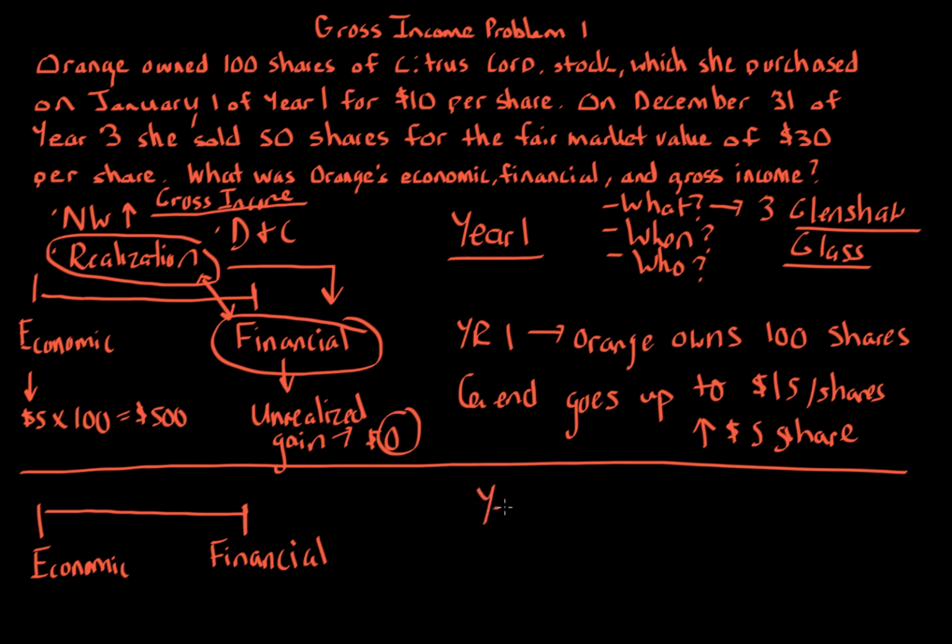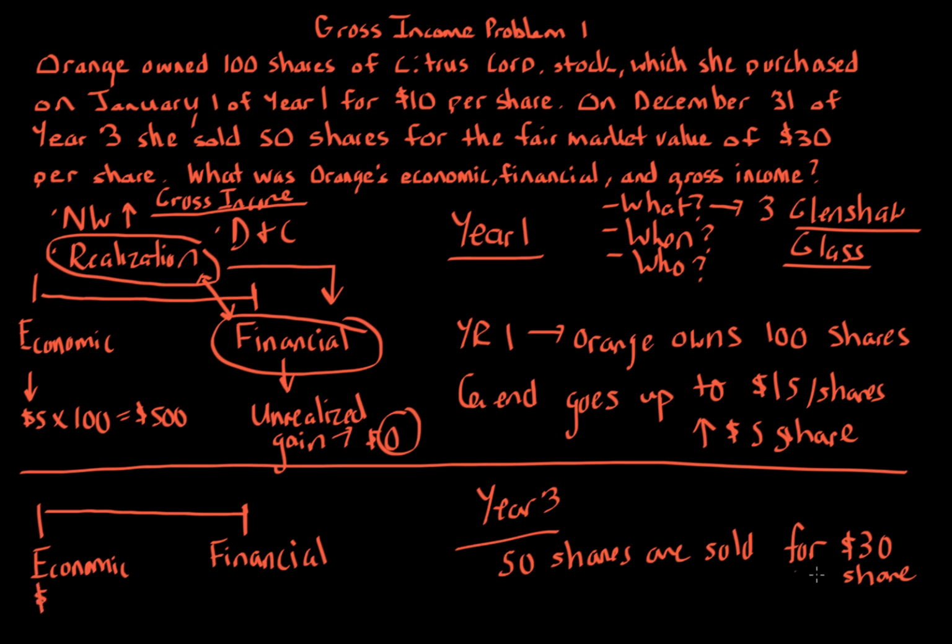So what about in year three? At the end of year three, 50 shares are sold for $30 per share. So from an economic standpoint, we would have an increase in value, economic income, let's just say from year one to year three, of the $15 per share to the $30 for all shares, even the ones that are not sold.